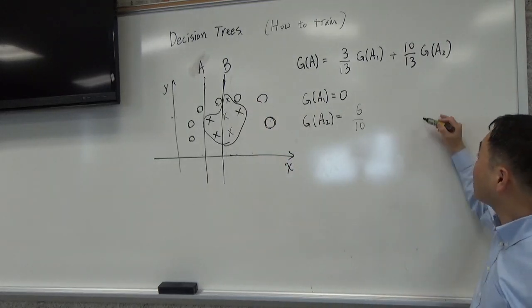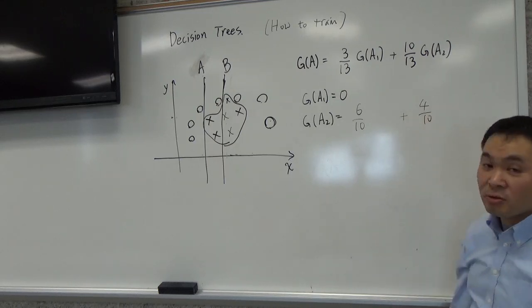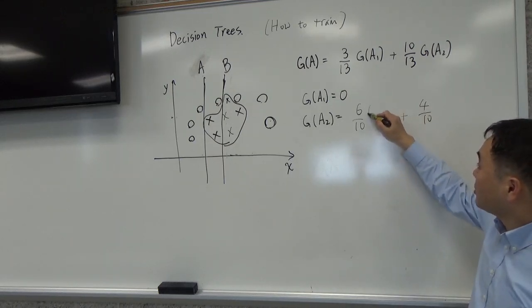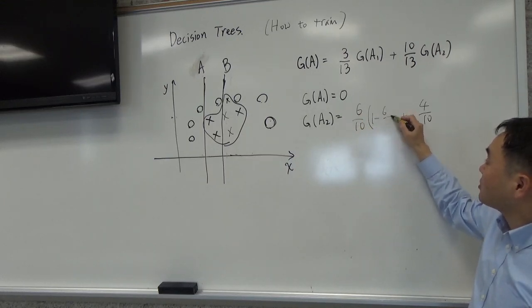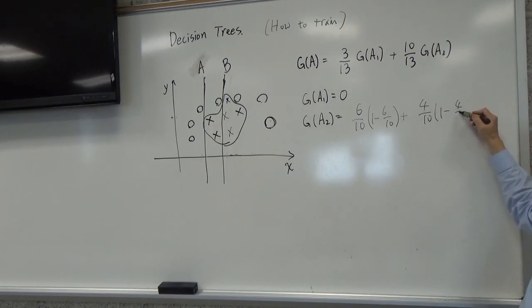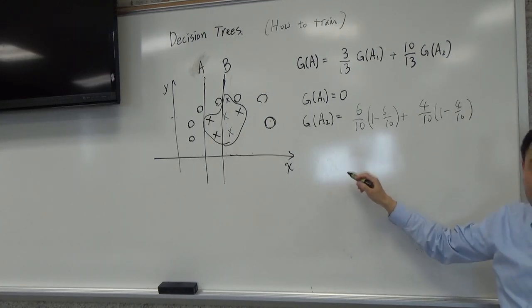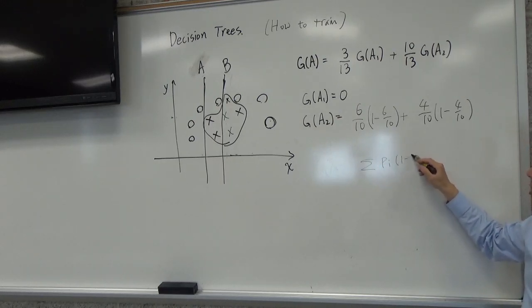The other probability is 4 out of 10. And the formula for Gini index is you do 6 over 10 times 1 minus 6 over 10, plus 4 over 10 times 1 minus 4 over 10. Remember, the formula is the summation of p_i times 1 minus p_i. Okay?